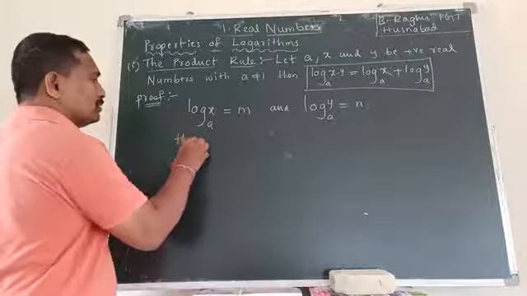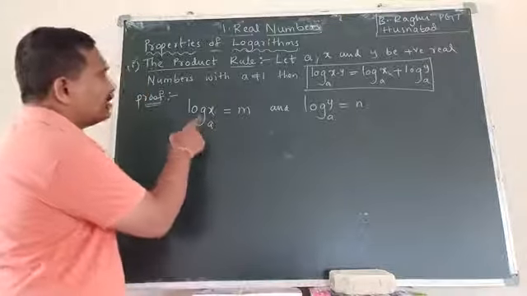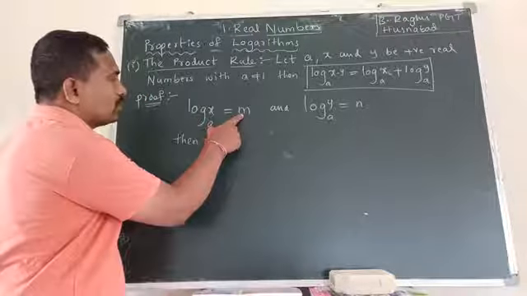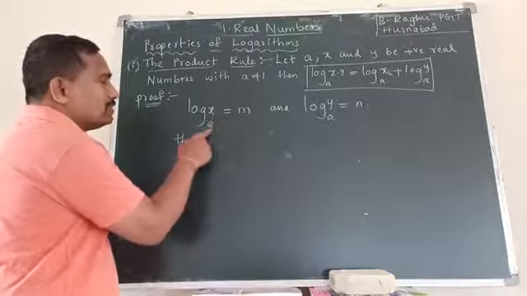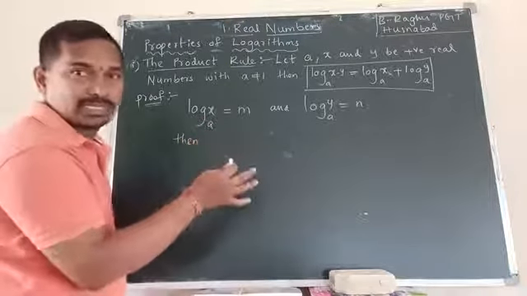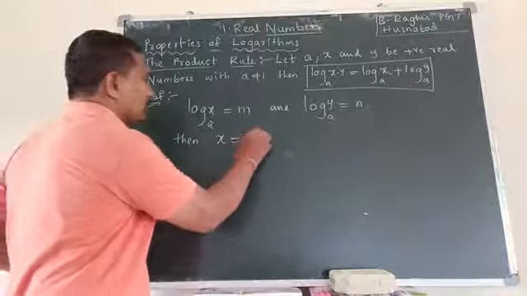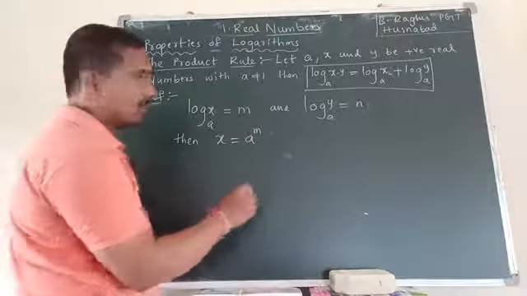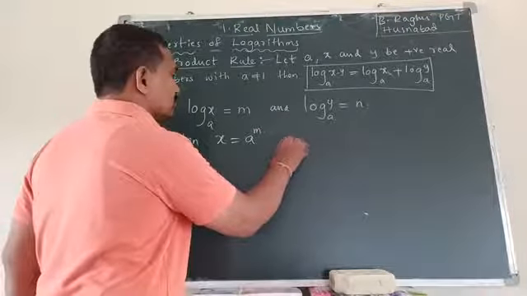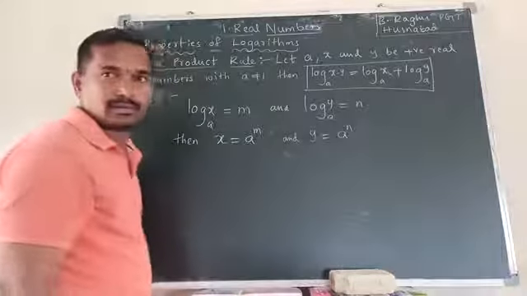Then, using the logarithmic property, log x base a equal to m, we convert into exponential form. We can write x equal to a power m, and y equal to a power n.